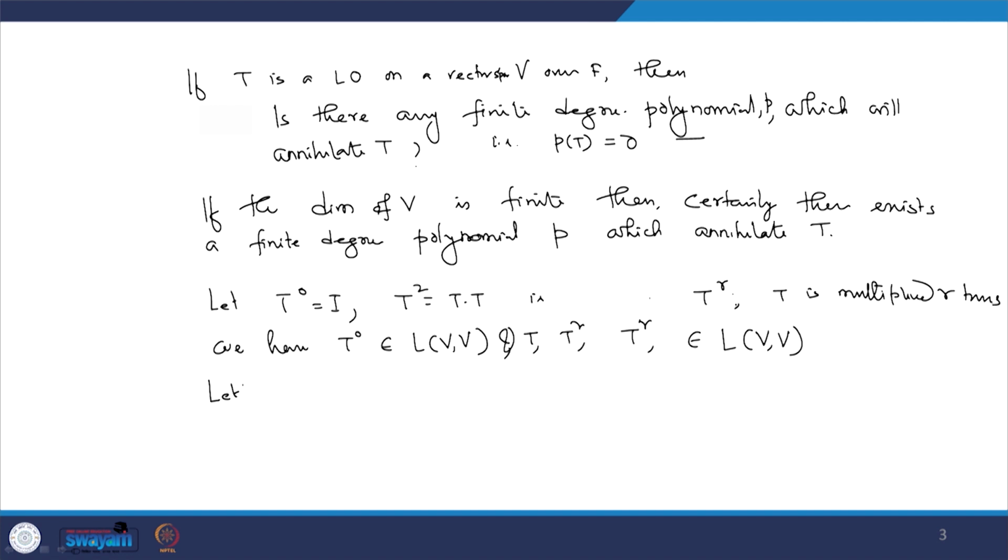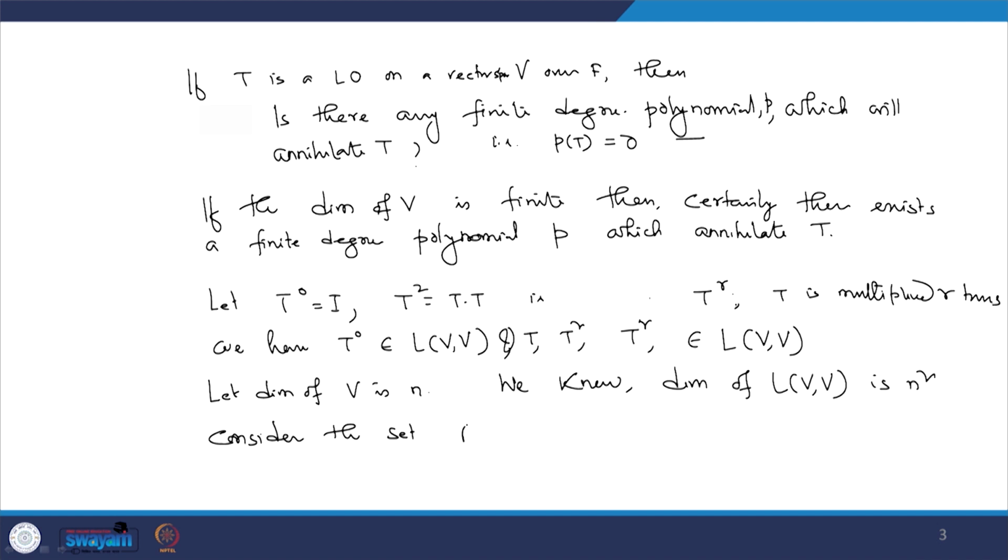Let the dimension of V be n. Then we know the dimension of L(V,V) is n square. Consider the set B consisting of T to the power 0, T to the power 1, up to T to the power n square, like this.